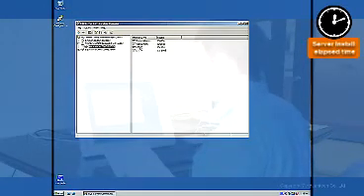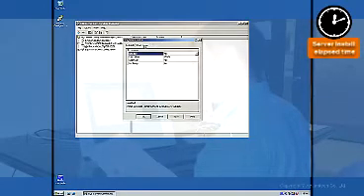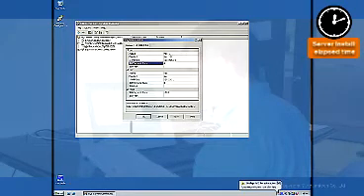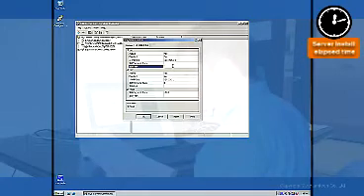So we're going to SQL, choosing TCP/IP, choosing IP addresses, active yes, enabled yes, IP address, still the server address, active port no, and TCP/IP port 1433.